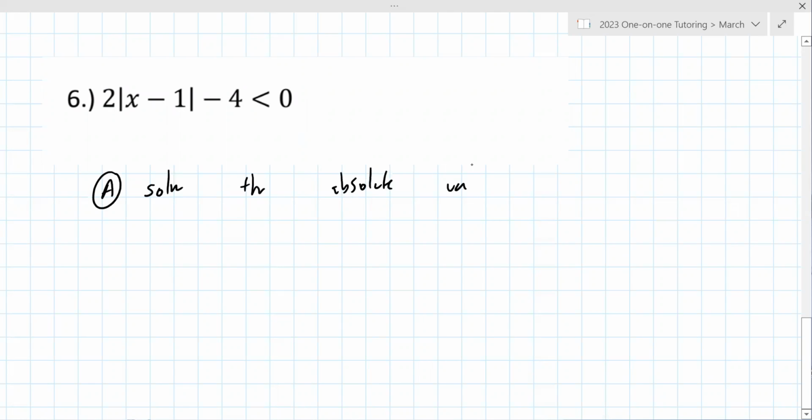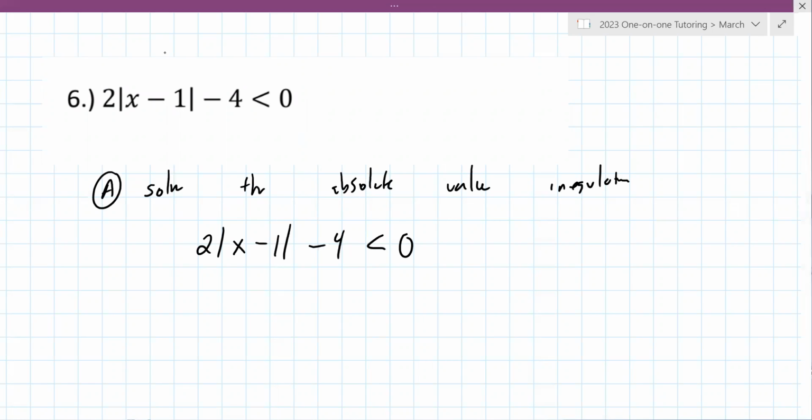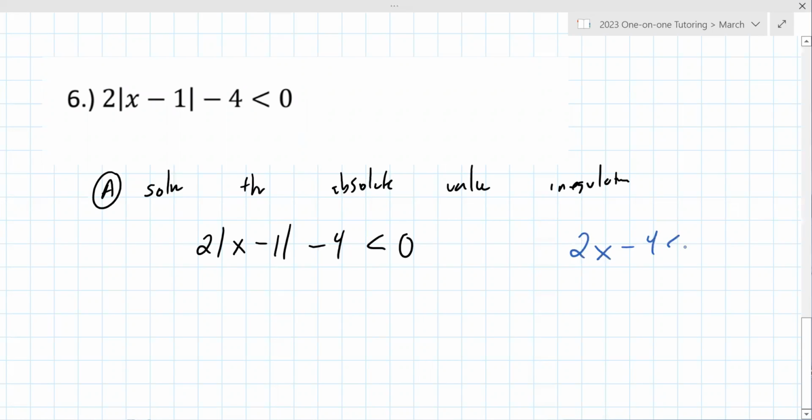Got it. And this means there's no graphing. You just manipulate the equations. You move things around. Like imagine this was 2x - 4 < 0. What is the first step to solve for x? Let me write this down.